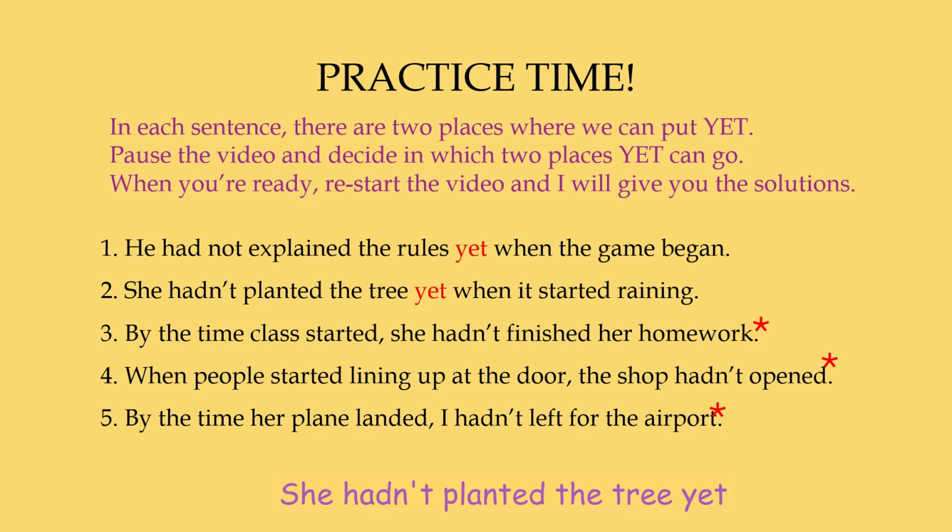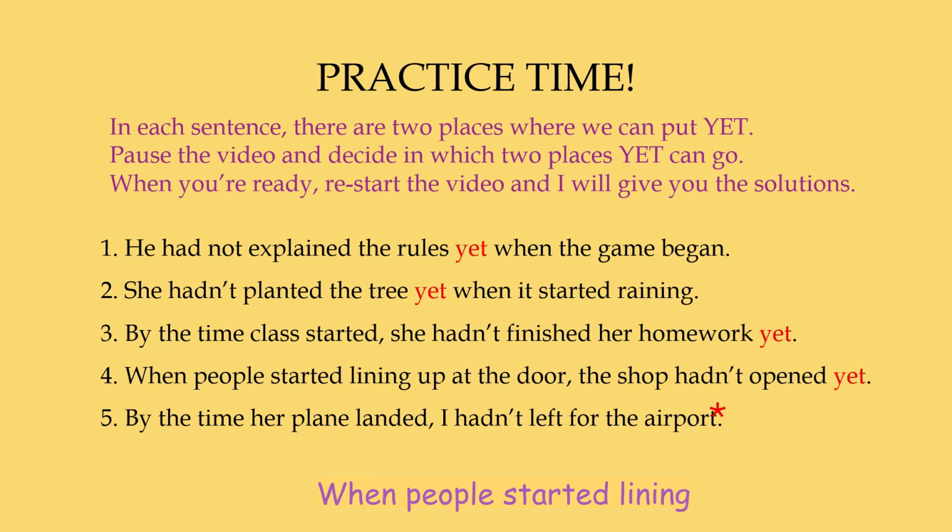Number 2, she hadn't planted the tree yet when it started raining. Number 3, by the time class started, she hadn't finished her homework yet. Number 4, when people started lining up at the door, the shop hadn't opened yet. Number 5, by the time her plane landed, I hadn't left for the airport yet.